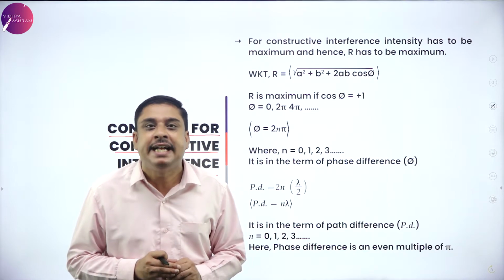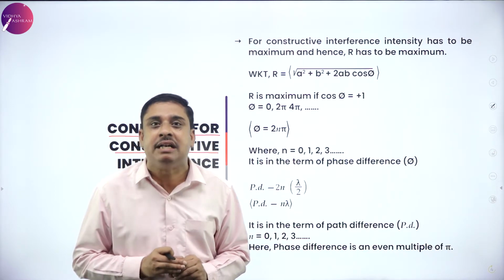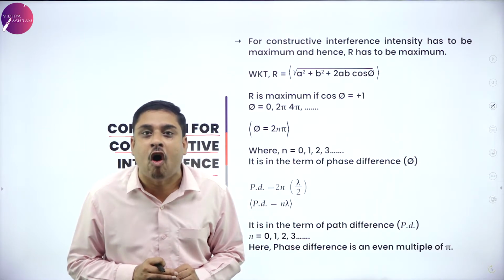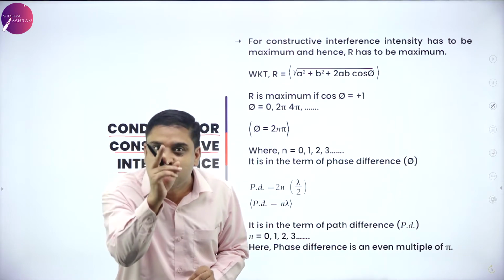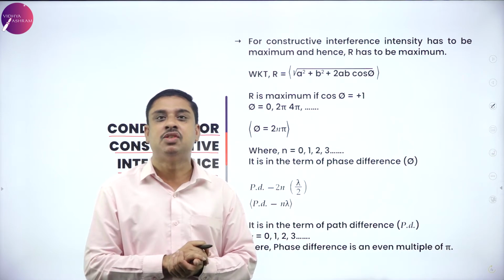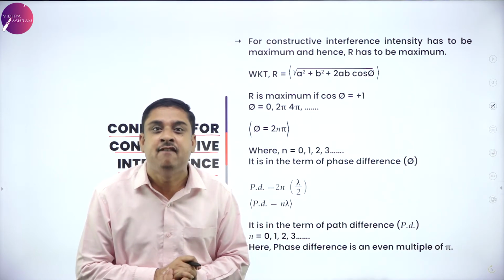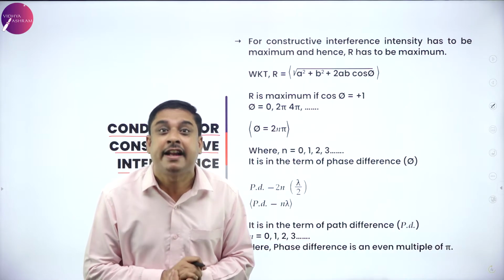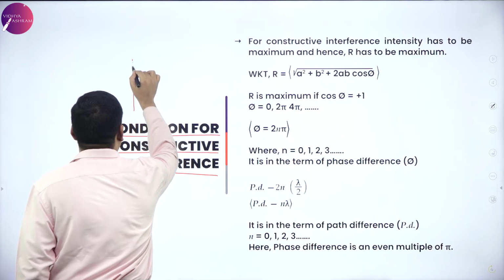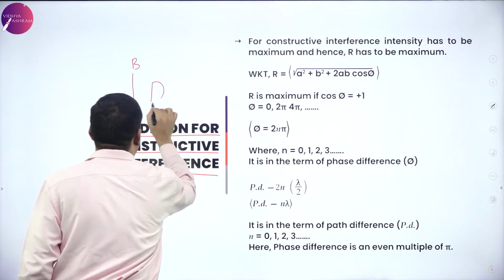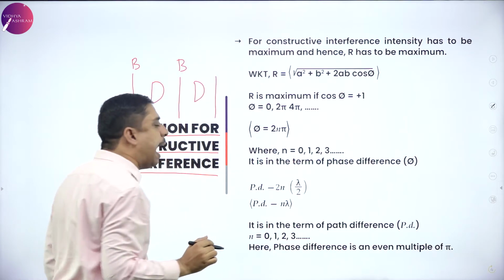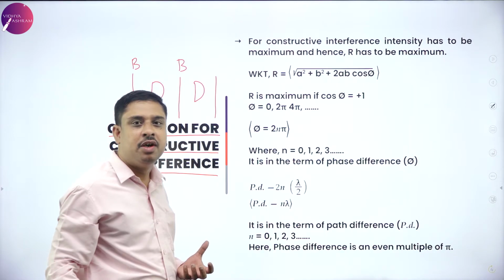alternate bright and dark bands, and these bands are called fringes. Please note, students, interference fringes are alternate bright and dark bands. For example, first we have a bright band, then a dark band, bright band, dark band, and so on.